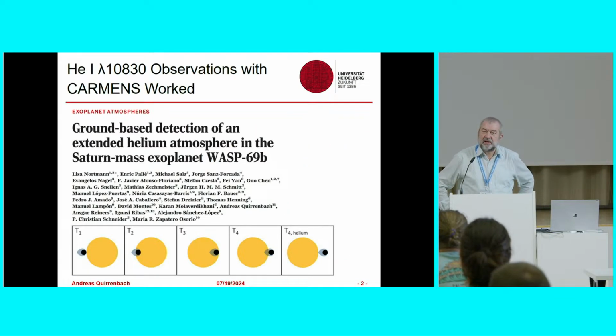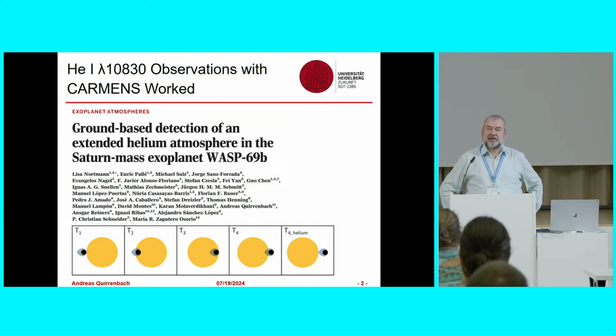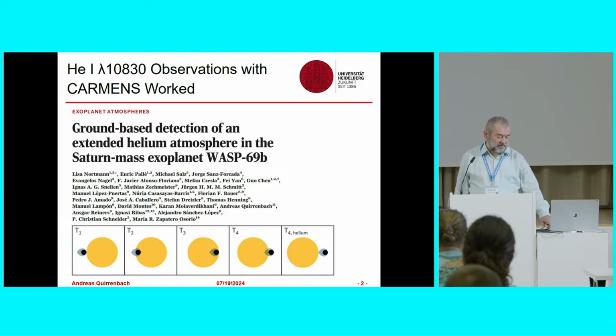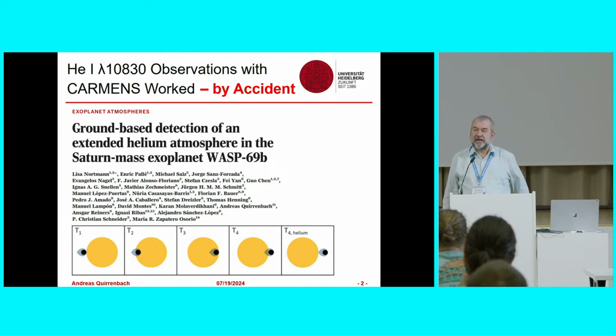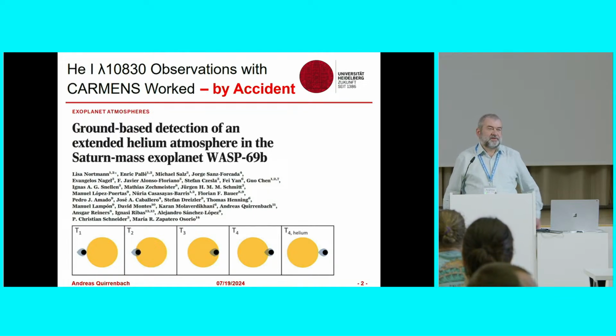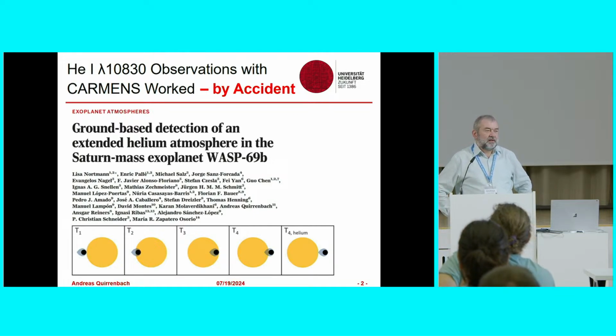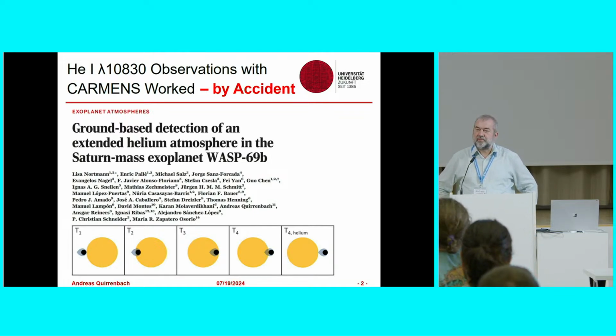So one example is helium 10830 observations with CARMENES, which obviously worked, but in a way they worked by accident, or perhaps one should say by good luck, because when we built the instrument, there was nothing in the requirements that said that it should be possible to observe this specific line.